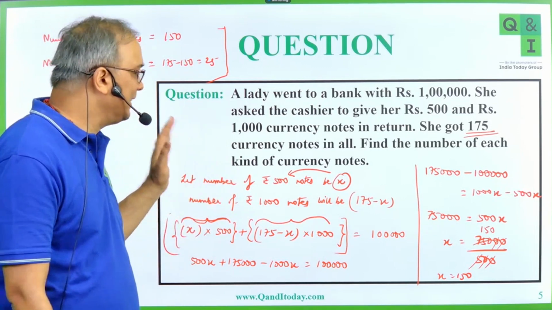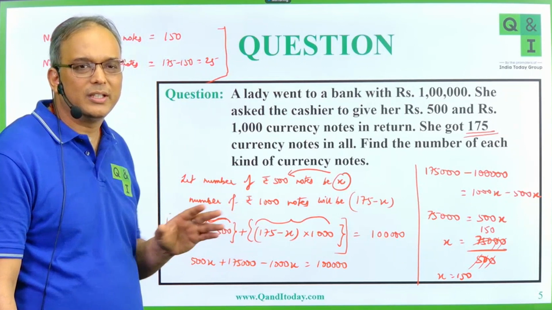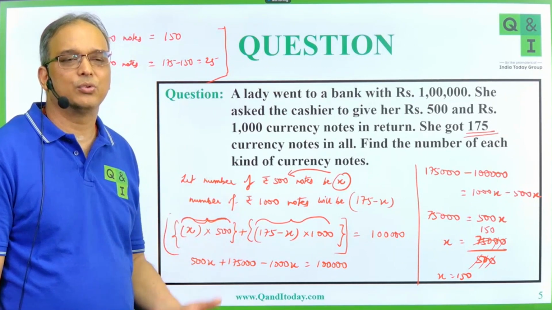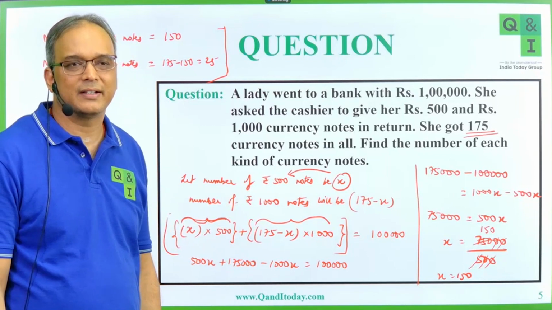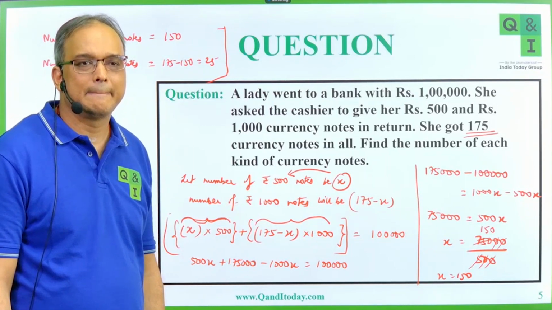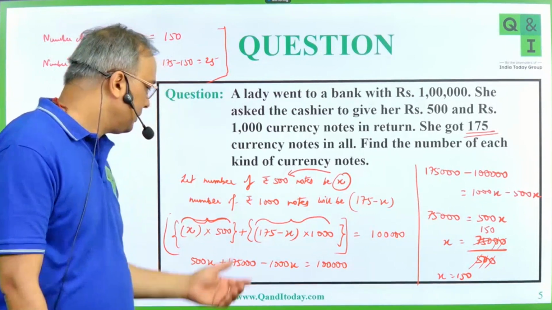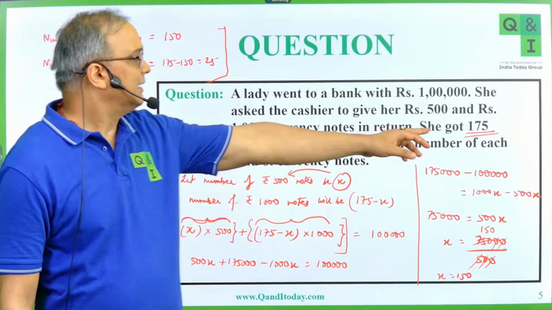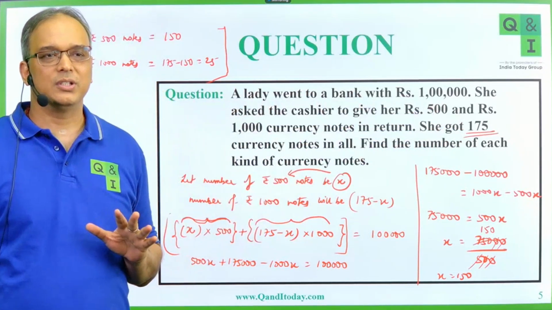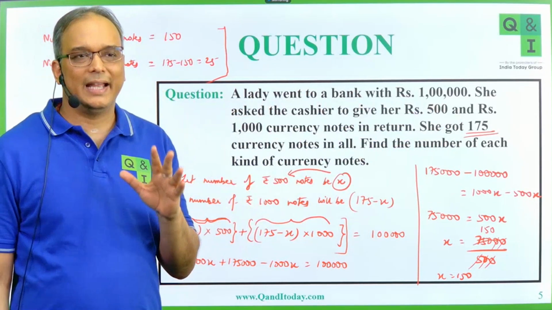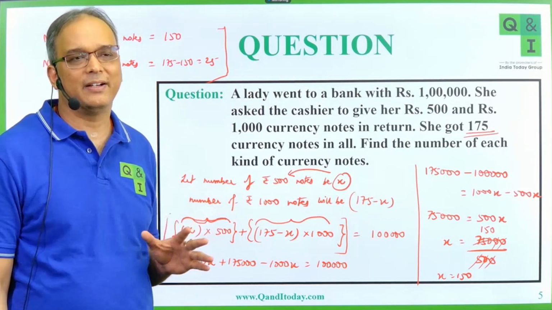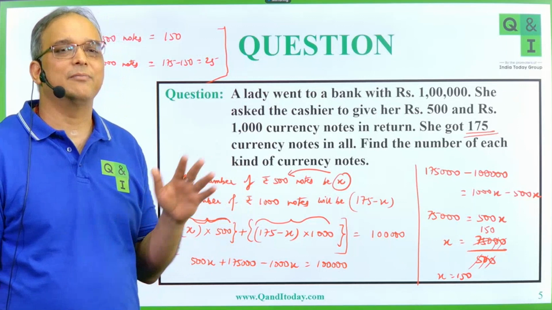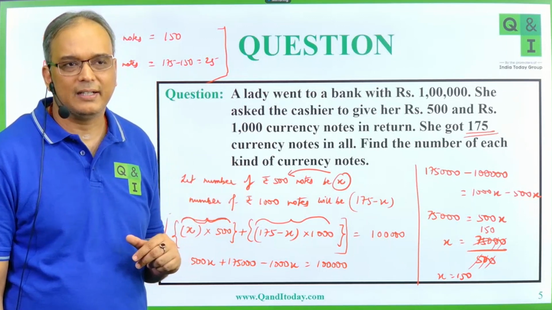To others, is this clear? Till the point I have told, the value of money which the lady gets when she gets X number of notes of rupees 500 is X into 500. Correct? Now, since she got a total of 175 notes, and X of them are rupees 500, the number of notes of rupees 1000 will be 175 minus X. Correct?